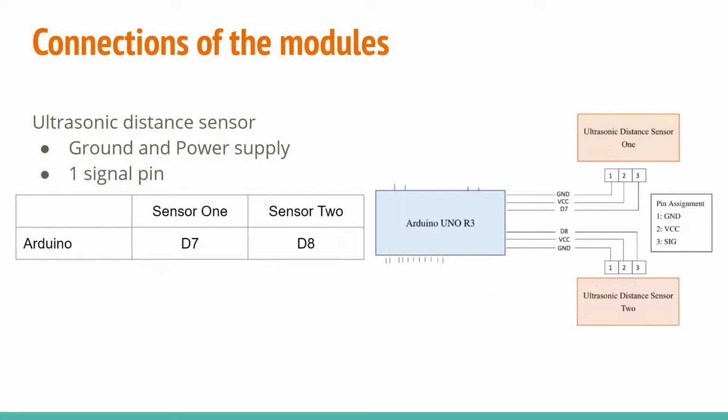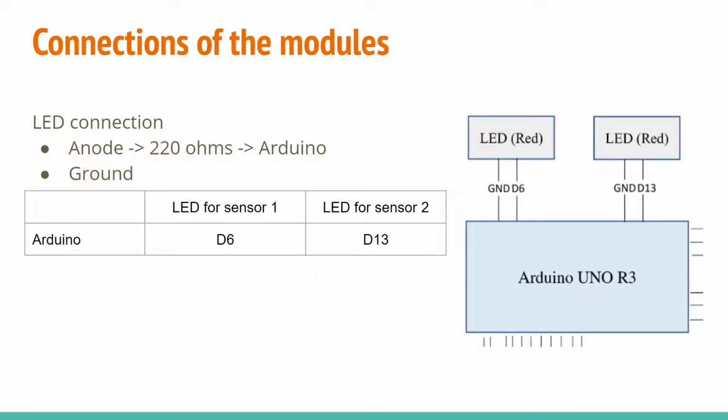For the ultrasonic distance sensor, only 3 pins need to be assigned. Apart from the ground and the power supply, a signal pin is needed to connect to the microprocessor. These 2 sensors are assigned to pins D7 and D8 of the Arduino. The LED must receive the signal to control the on-off operation.